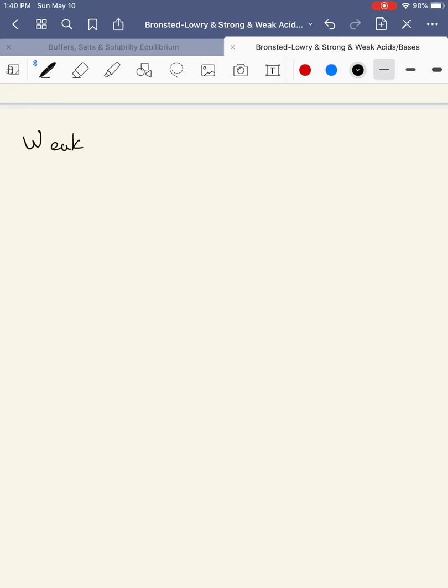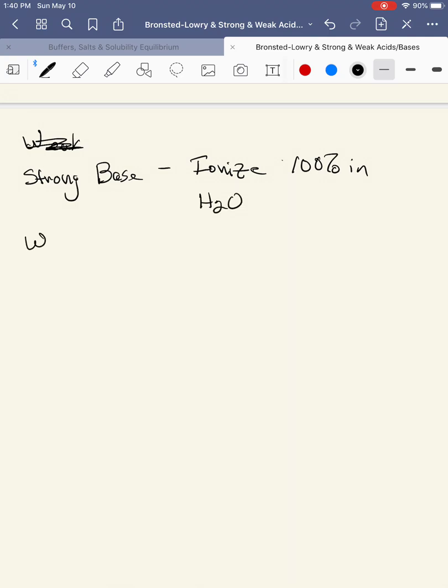All right. I'm sorry. Let's talk about strong and weak bases. Strong base, same rule applies. Ionize 100% in water. A weak base does not ionize 100% in water.